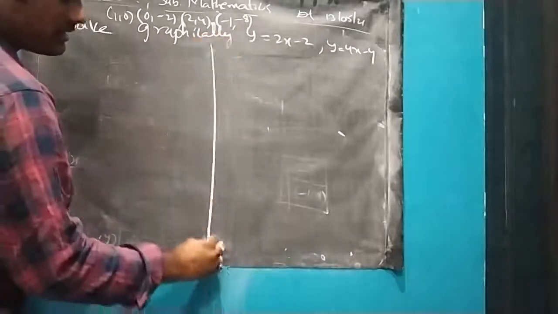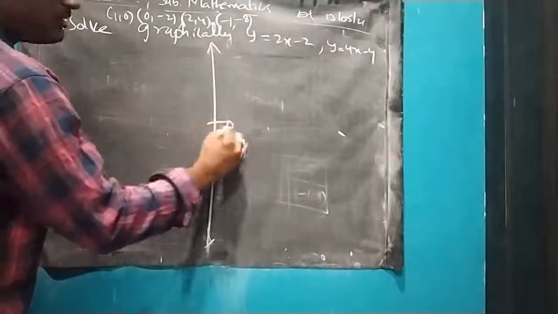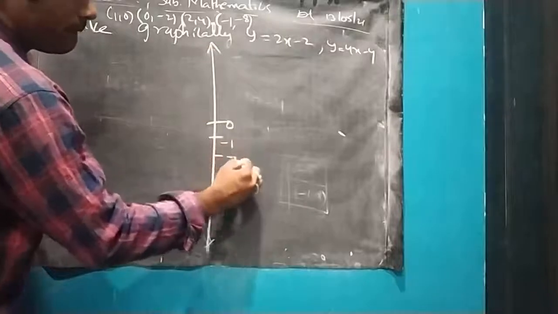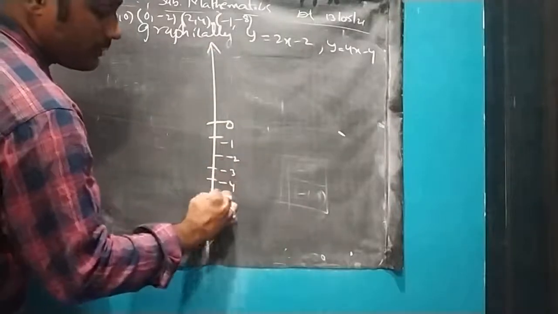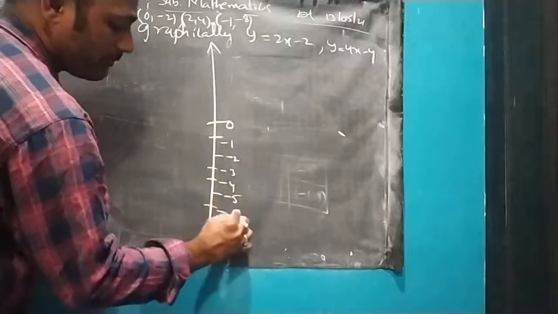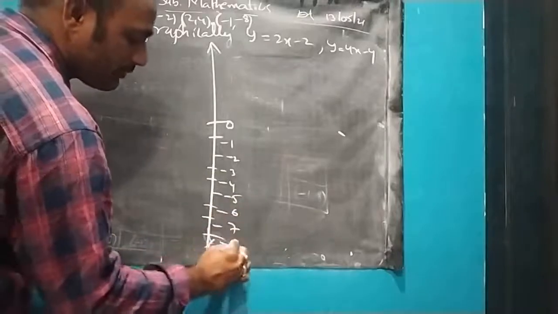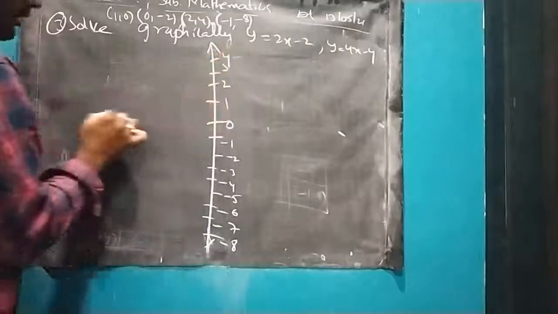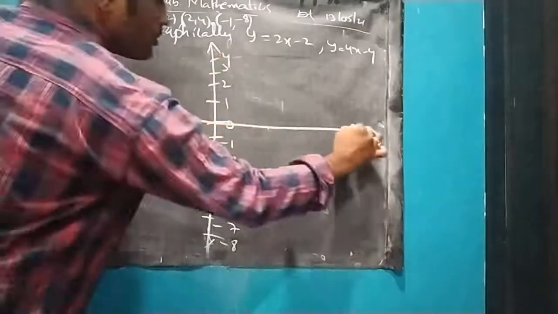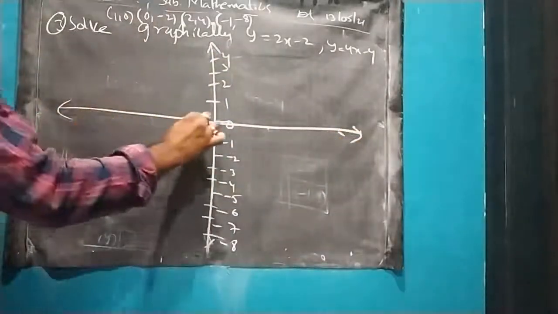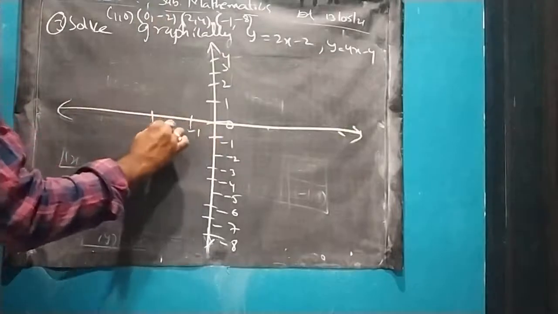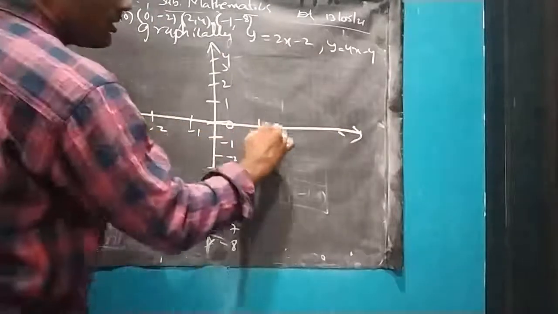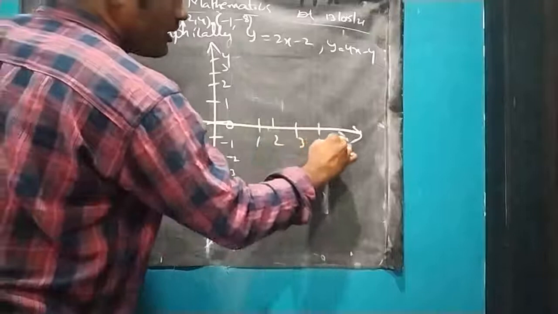So first let us take the negative values: 0, minus 1, up to minus 8. Then 1, 2, 3, 4. Now the x-axis passes through the origin O here. Minus 1, minus 2, minus 3, and 1, 2, 3, 4, 5.